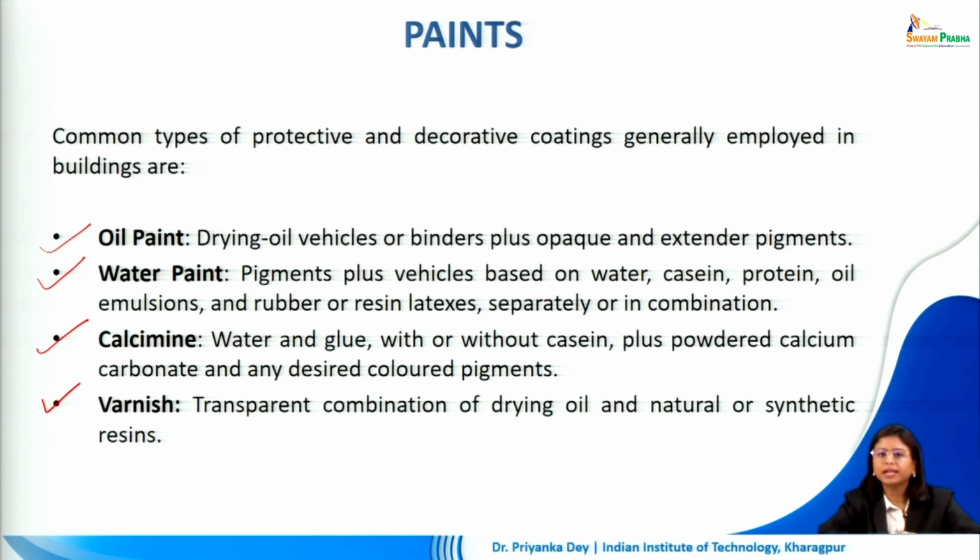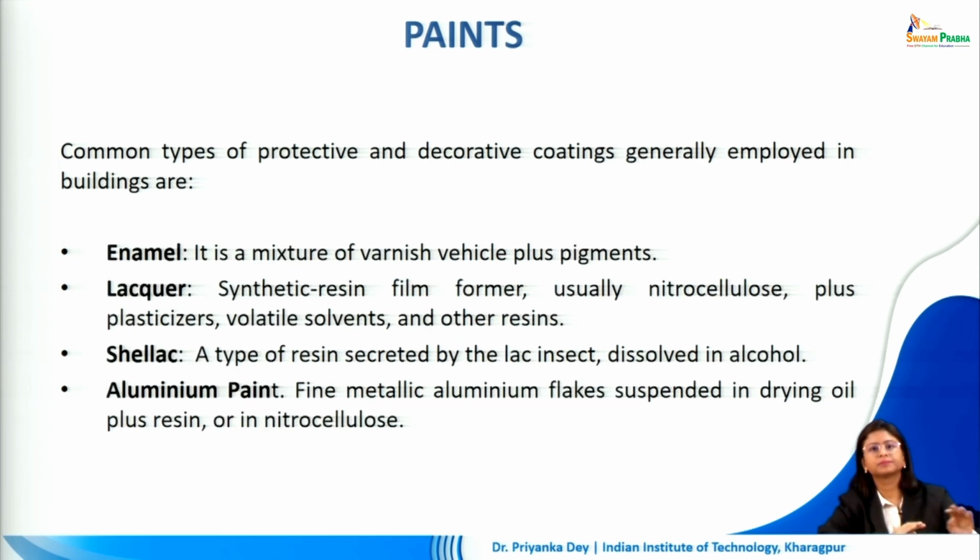Varnish is a transparent combination of drying oil and natural or synthetic resins. Enamel is another type which is a mixture of varnish vehicle plus pigment. Lacquer on the other hand is a synthetic resin film former, usually nitrocellulose plus plasticizer, volatile solvents and other resins are used.